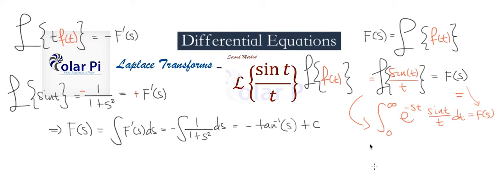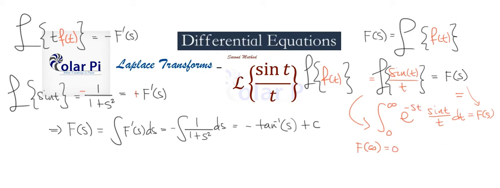F of infinity would mean that this s here is infinity, and as s is by definition of the Laplace transform greater than 0, what we have here is e to the negative infinity. So this is 0, and therefore the whole integral is going to be 0 when s is infinity. So F of infinity is equal to 0.